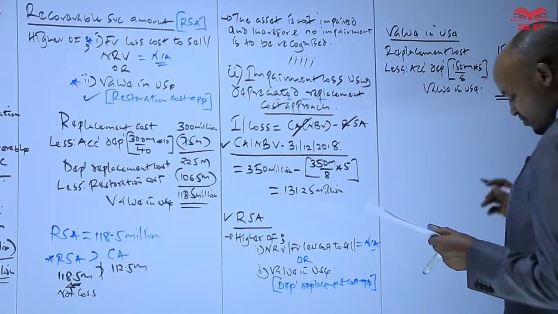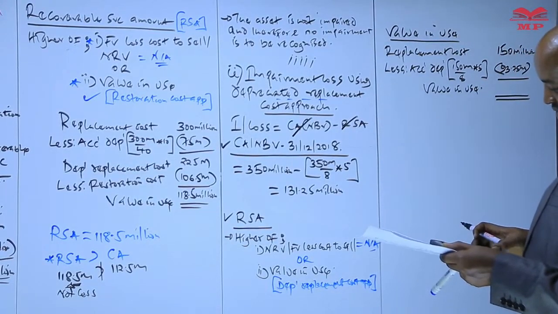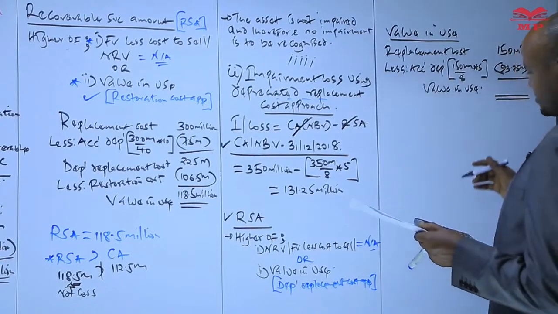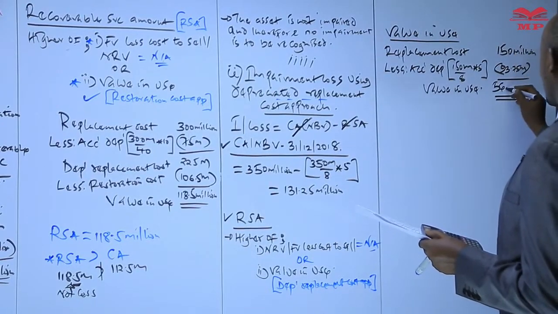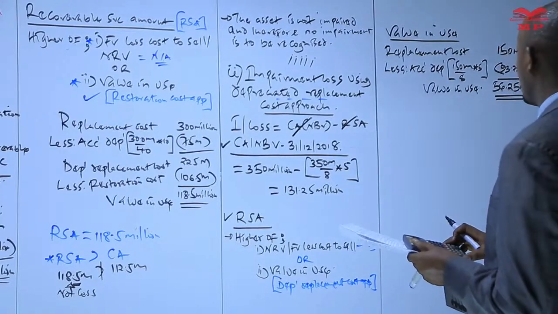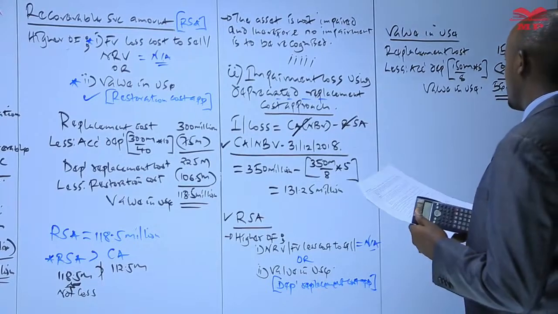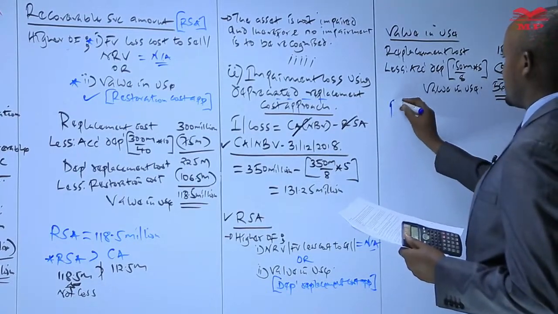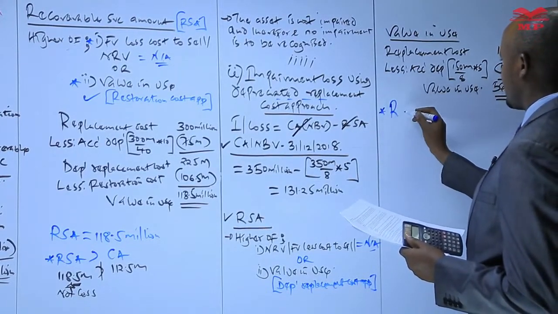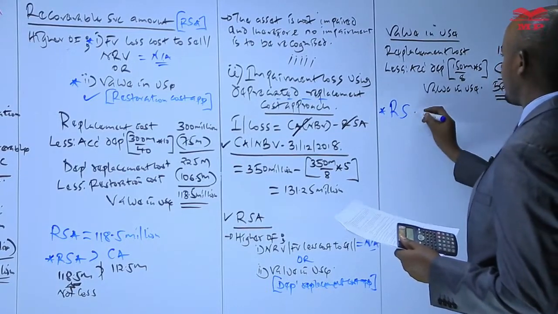In use. So that is how we determine the value in use under this particular method, which is the depreciated replacement cost approach, which is 56.25. Having that, finally, we need to get the recoverable service amount.